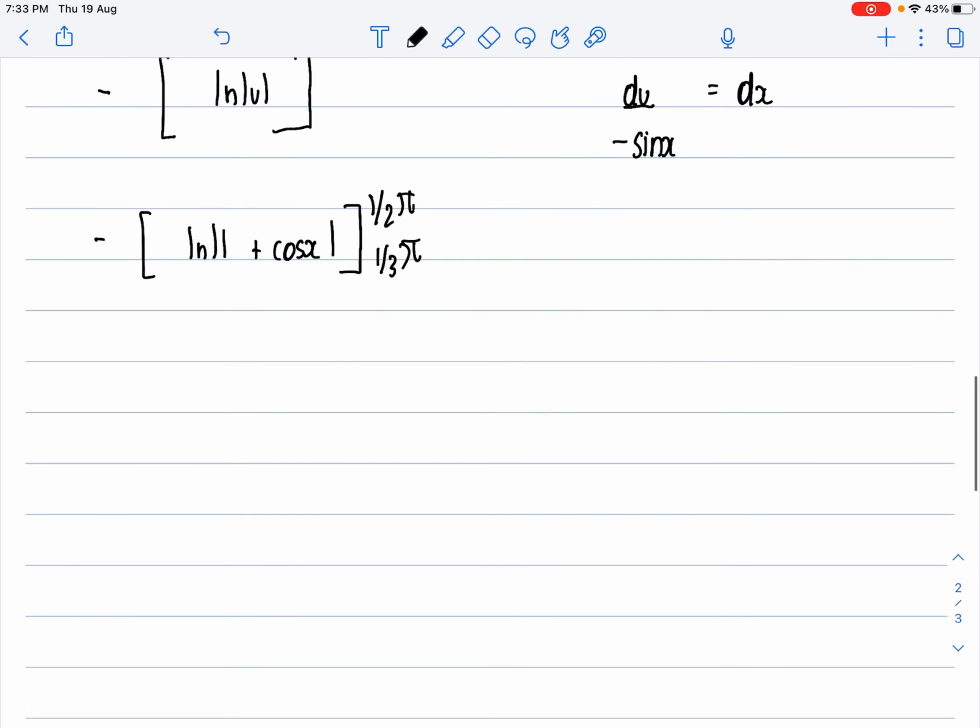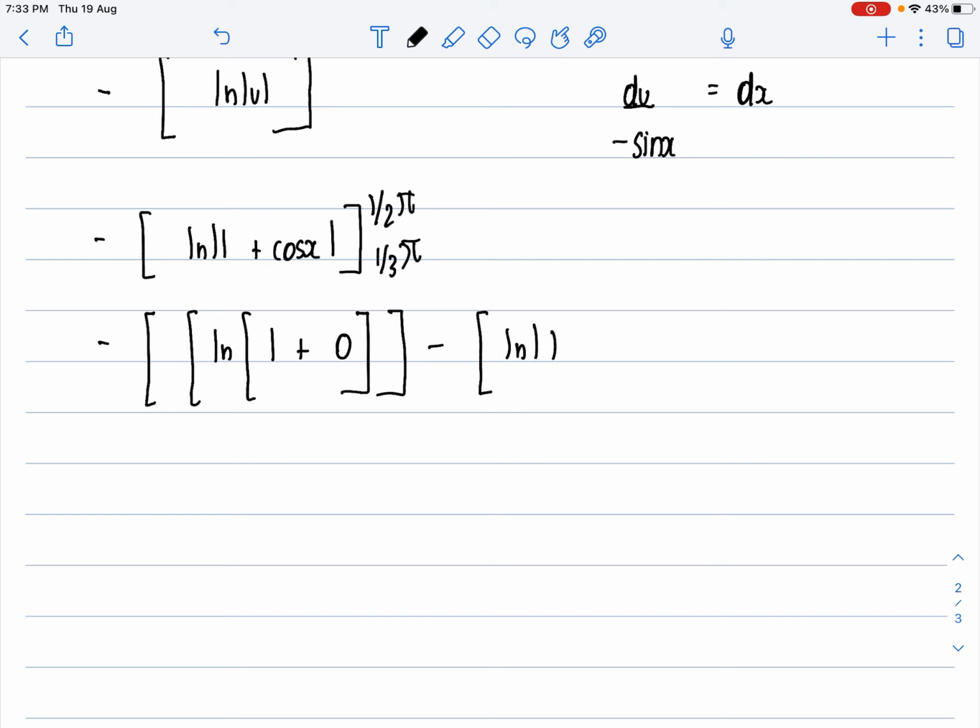Now, with minus ln, 1 plus, first in the place of x, I put half pi. So I do cos half pi in the radian mode. When I do cos half pi, I get 0. Minus, I can simply do ln of 1 plus cos 1 over 3 pi.